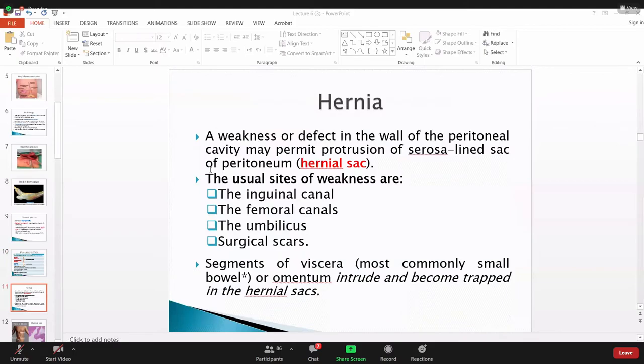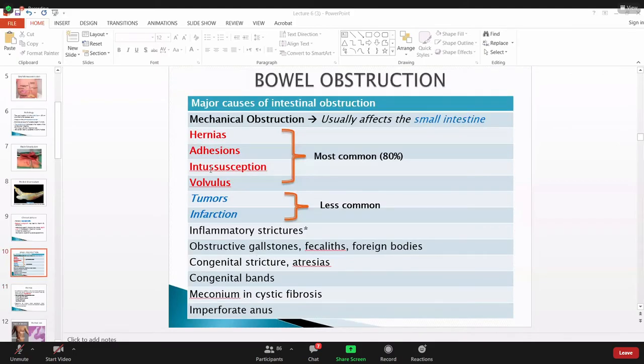Moving to another topic, which is bowel obstruction. Bowel obstruction can be total or subtotal. Either there is total occlusion of the lumen, which we call complete obstruction, or there is narrowing, which we call partial obstruction. Bowel obstruction is most commonly related to mechanical obstruction. What does mechanical obstruction mean?